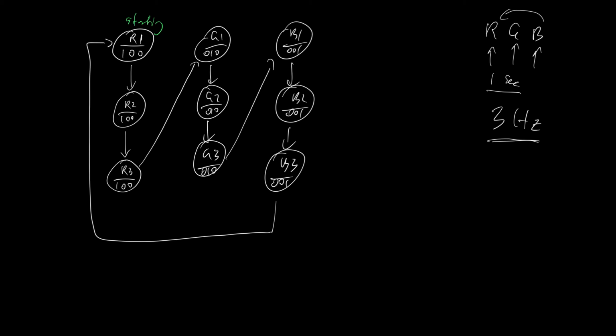In our factored design, we will have one finite state machine counting 1, 2 and 3, which corresponds to 1, 2, 3, 1, 2, 3, 1, 2, 3.